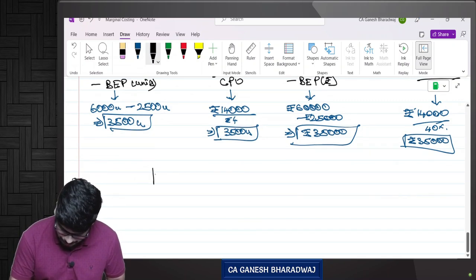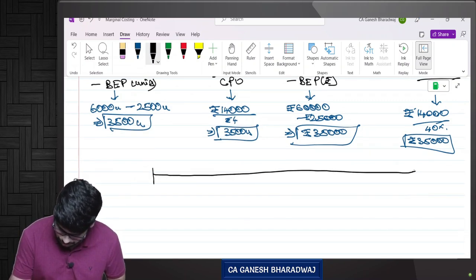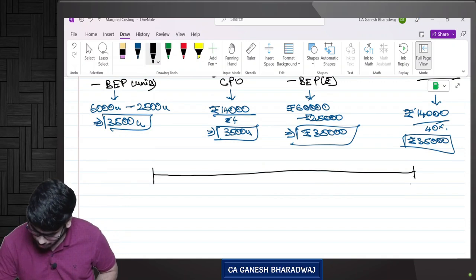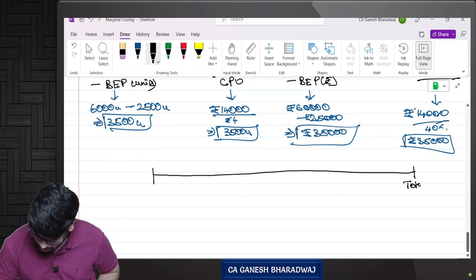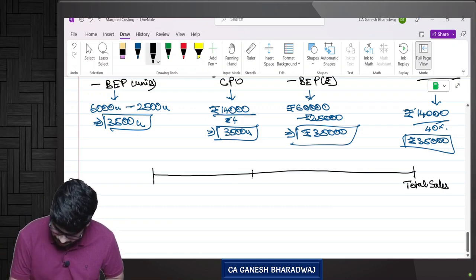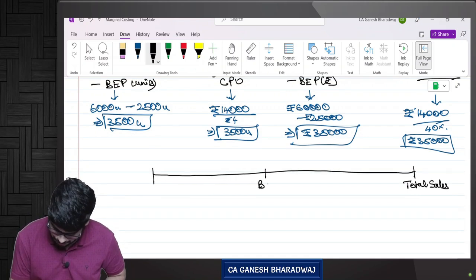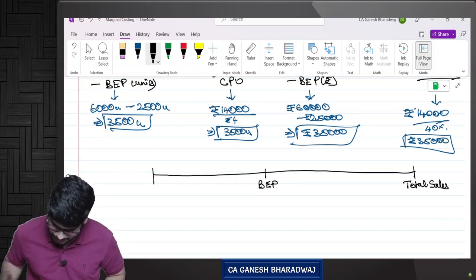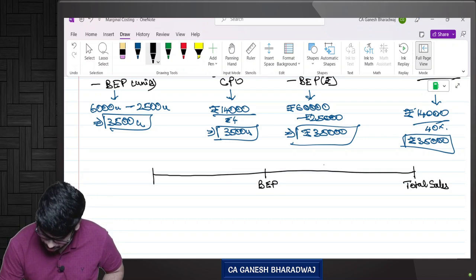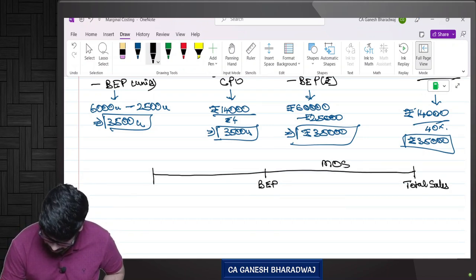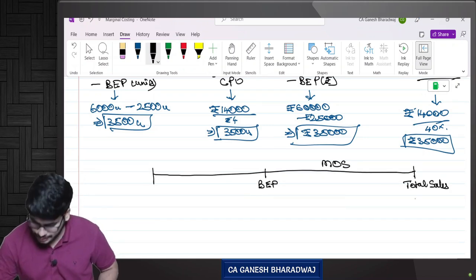So here, this is going to be what? Total sales. Yes, and then we have break-even point, and then we have margin of safety, right? Total sales is how much?